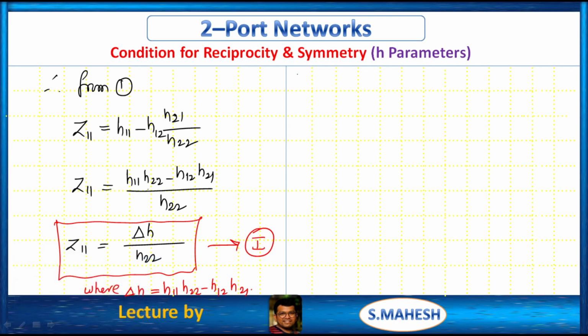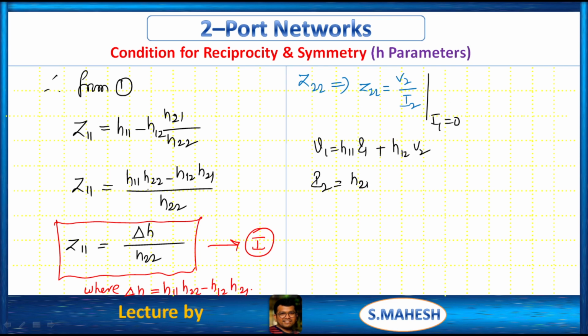Now we have to get Z22, right? Z22 is nothing but V2 by I2, when I1 = 0. Here V1 = H11 I1 + H12 V2, and I2 = H21 I1 + H22 V2.